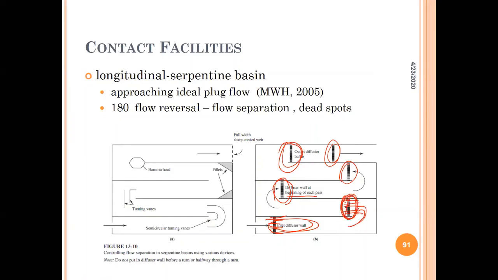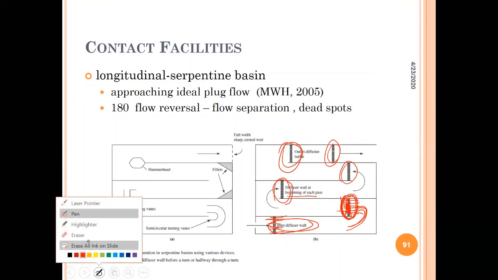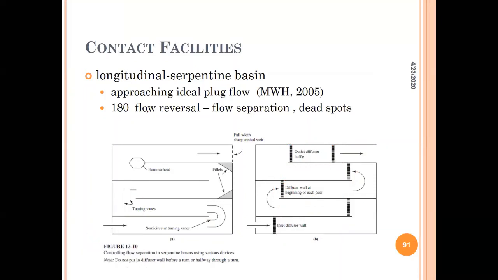The longitudinal mixing is avoided. They also try to avoid reverse flow and flow separation, because water can flow reversely, and sometimes we can have a dead spot here. To avoid dead spots, these structures are there.